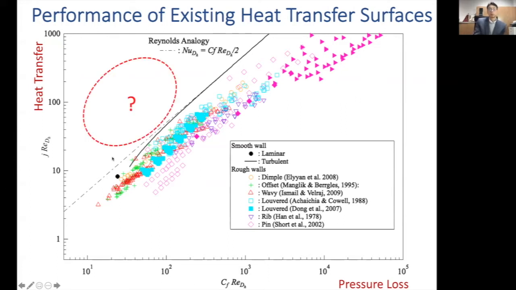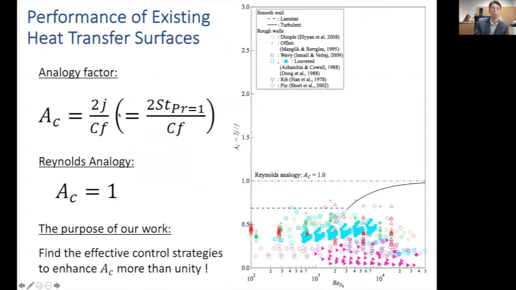So the ultimate purpose of heat transfer techniques is how we can achieve a high heat transfer rate with a small pressure drop. So we would like to achieve this red area. And this problem can also be analyzed from the analogy factor. If you introduce the analogy factor, which is heat transfer divided by pressure loss, it looks like this. Again, in this figure, the horizontal axis is the Reynolds number, and the vertical axis is this analogy factor.